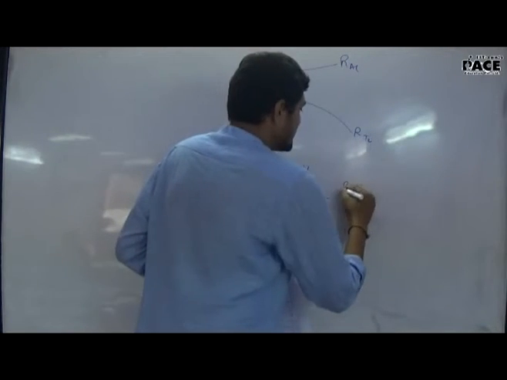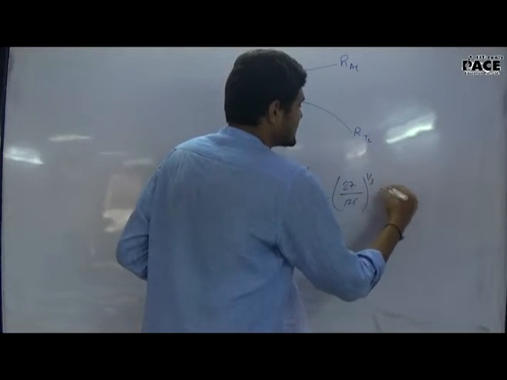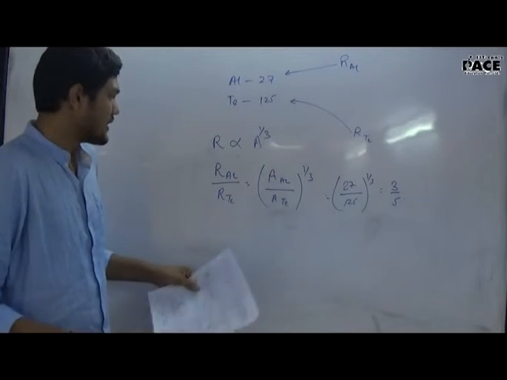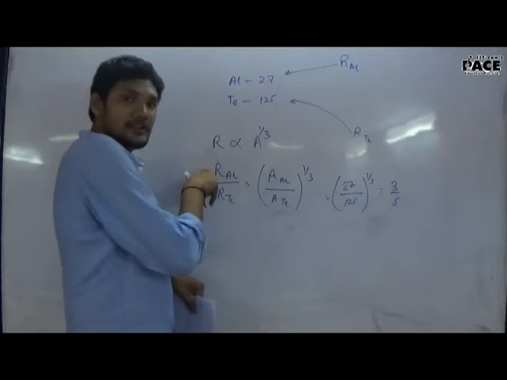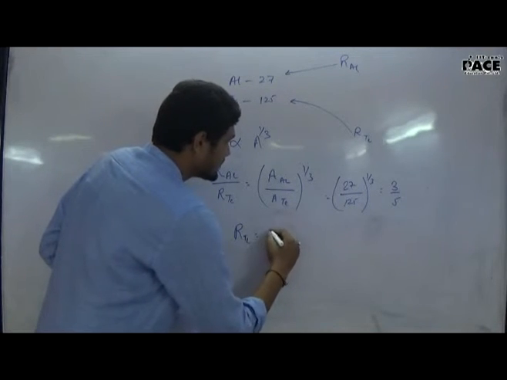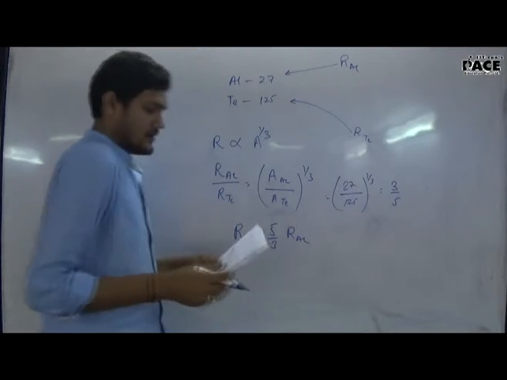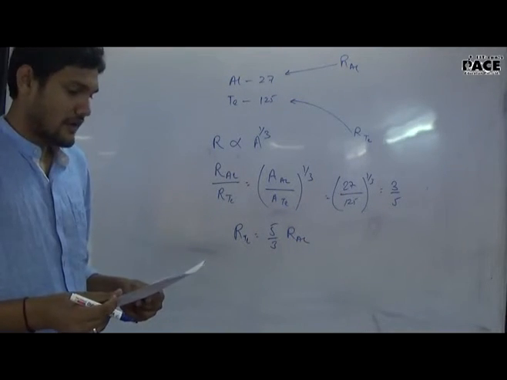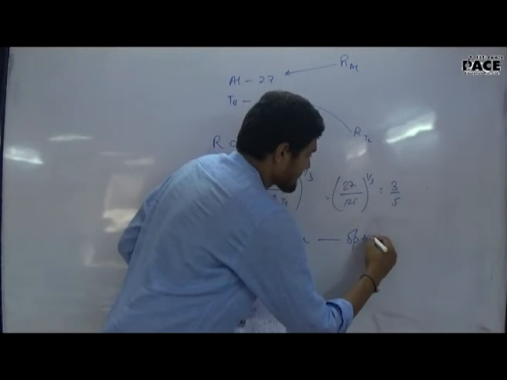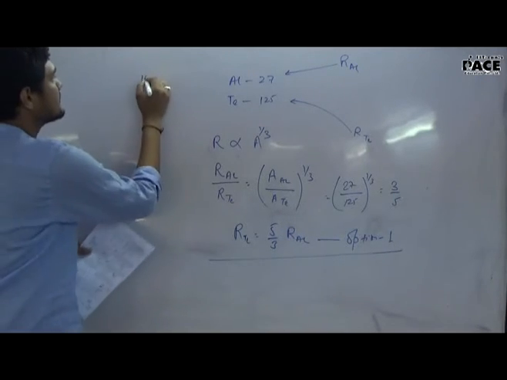You'll get 27 upon 125 raised to 1 by 3, which is nothing but 3 by 5. As we know the value of R_Al, we can say R_Te is nothing but 5 by 3 times R_Al. So option 1 is the same as this. This was question number 140.